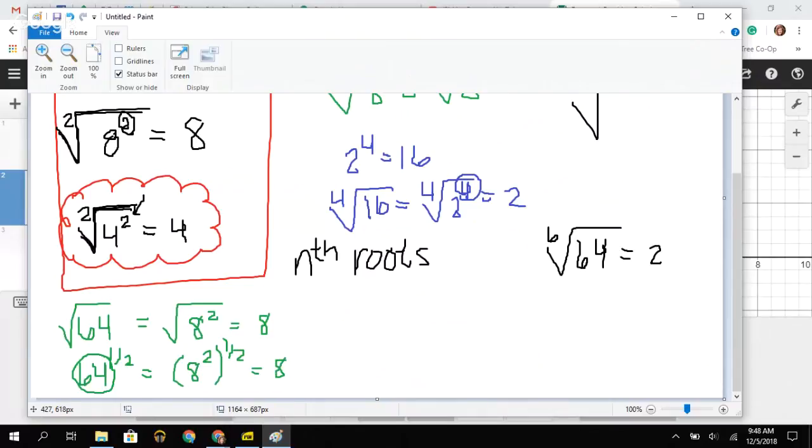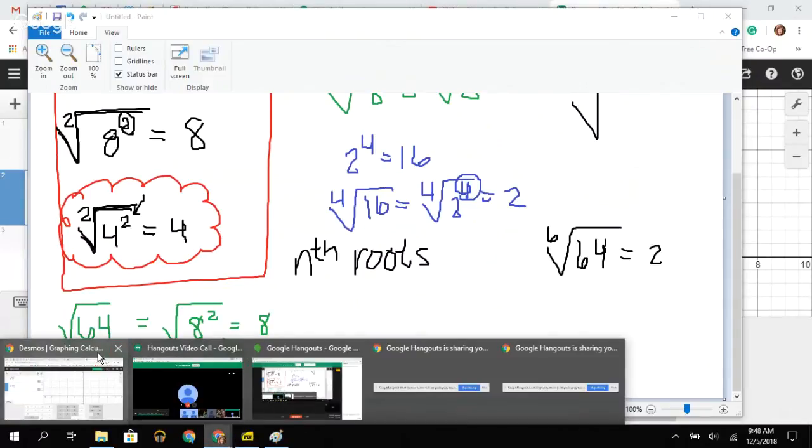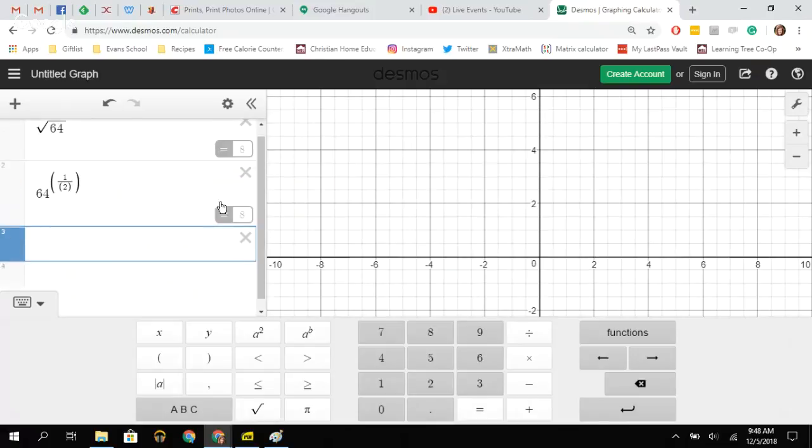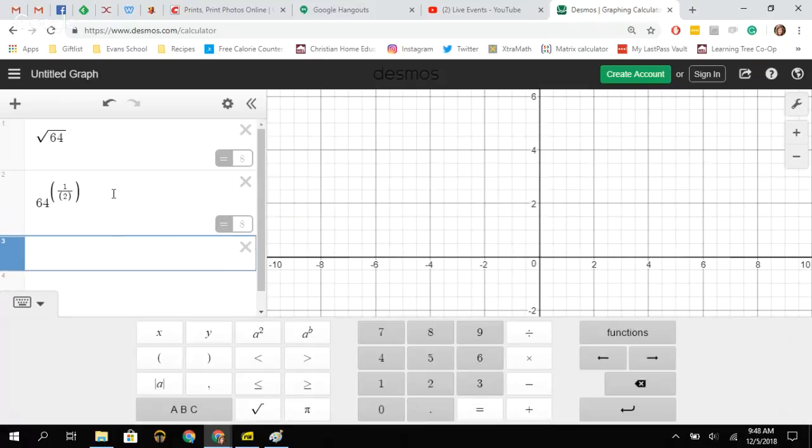If I go back to Desmos, I have the square root of 64. If I instead write this as 64 to the 1/2 power, you also get 8. So another way of writing the square root is that number to the 1/2 power.